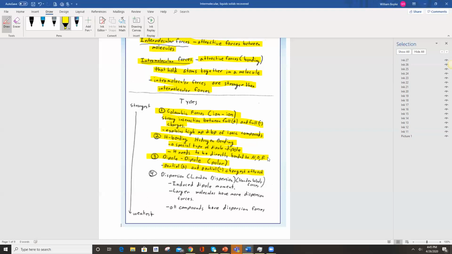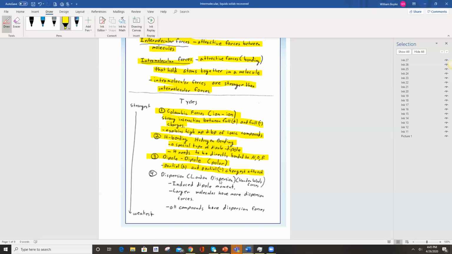So that's going to set up a very strong dipole-dipole that has some special properties to it, so we give it its own category. Remember, it's not enough just for hydrogen to be in the molecule with nitrogen, oxygen, and fluorine. It has to be directly attached to develop this very, very strong dipole interaction.